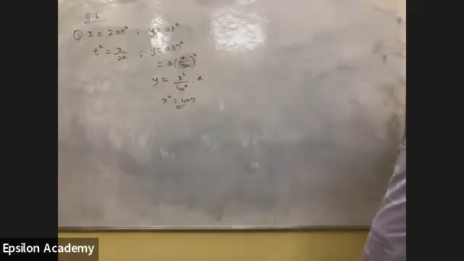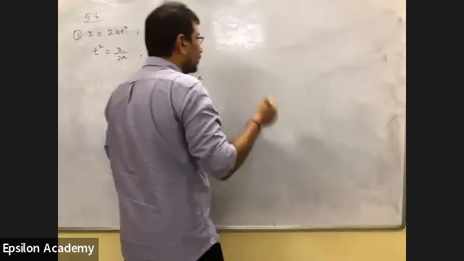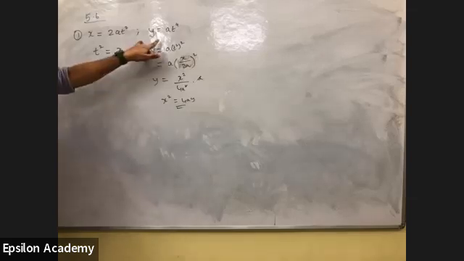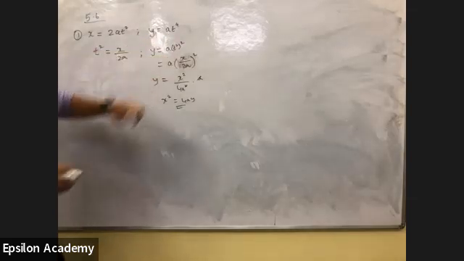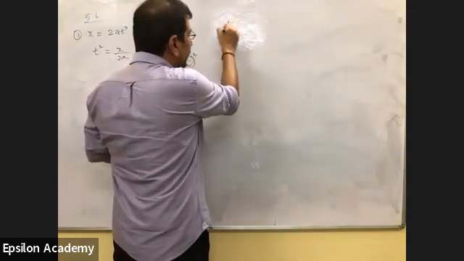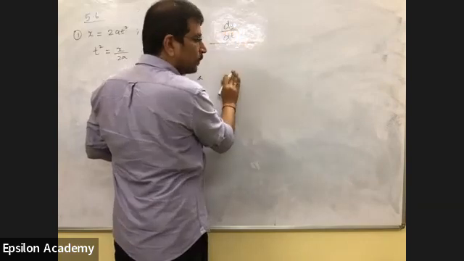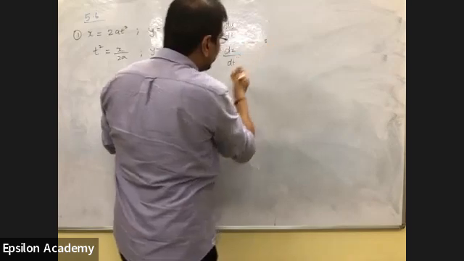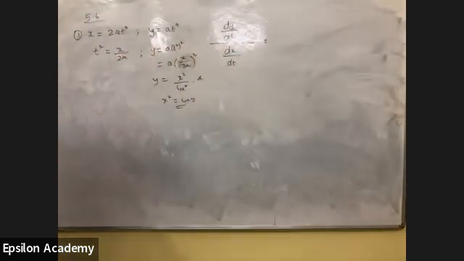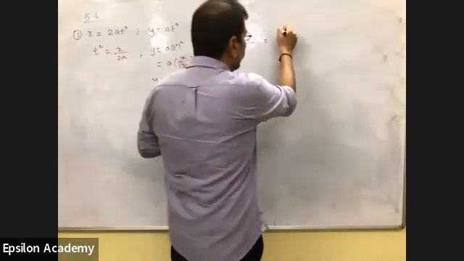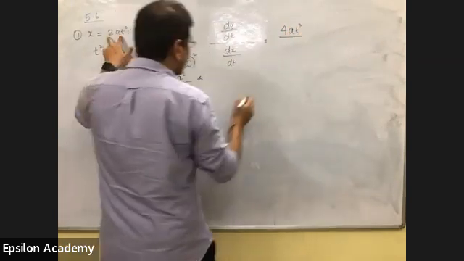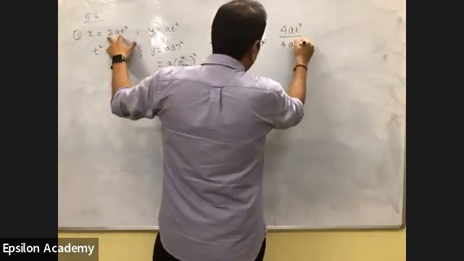How do I do it? What are the steps to be followed? Find dy with respect to the independent variable. What is the independent variable? t. So find dy by dt and divide it with dx by dt. This is very simple. So what is dy by dt? 4a t cube divided by 4a t.